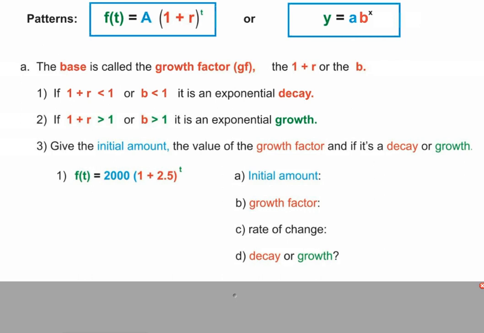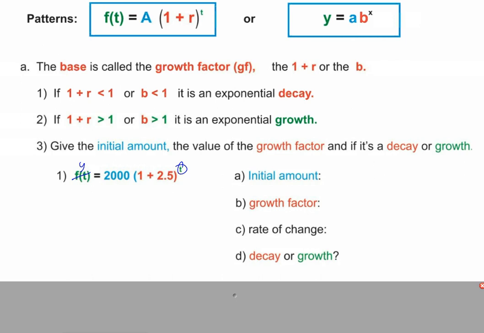All right, so look, you're looking at a function, and your thought should say, oh, that's an exponential function. Why would you say that? Because the variable is an exponent. Here the variable t is an exponent. We have f of t. You could have just as easily had y, because f of t and y are interchangeable, and you've got an exponential function.